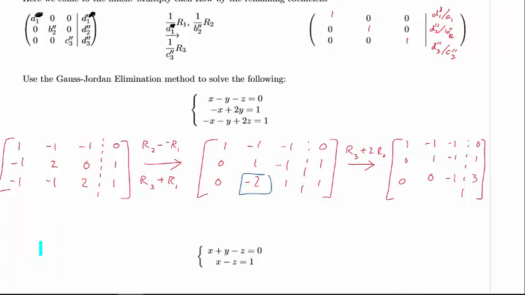So you can see already that z is 3. In the next step we want to get rid of this element here and that element there. And we do this with the following operations.